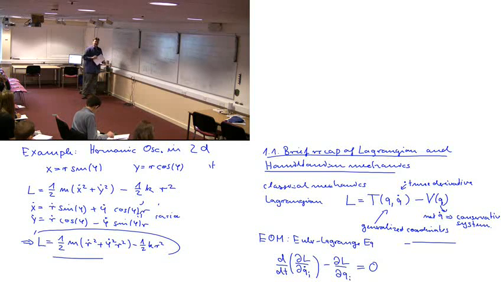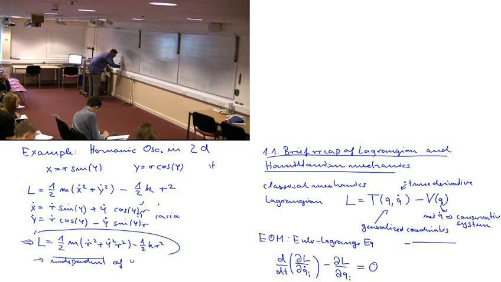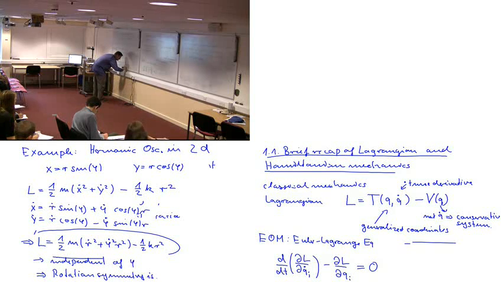And therefore, the Lagrangian shouldn't depend on phi. So it's independent of phi, and we treat phi and phi dot in a way as independent variables. So it's not dependent on phi, but it depends on phi dot. And that is the effect that the rotation symmetry is implemented.